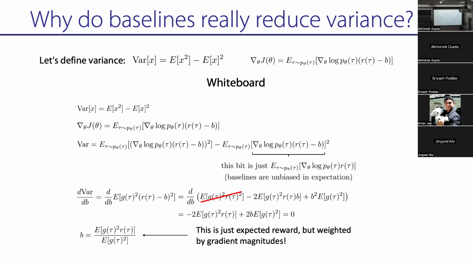So that is the expected reward, kind of centered. That's not accounting for certain things having a higher magnitude of gradient than others. So what it's saying is that you weight the expected reward by the magnitude of the gradient. Things that affect the gradient more are weighted more, things that affect the gradient less are weighted less.